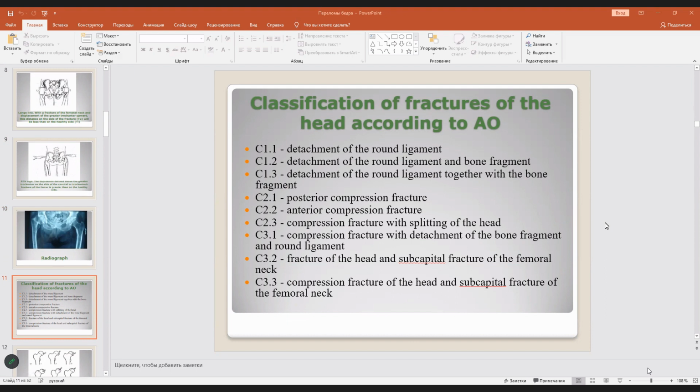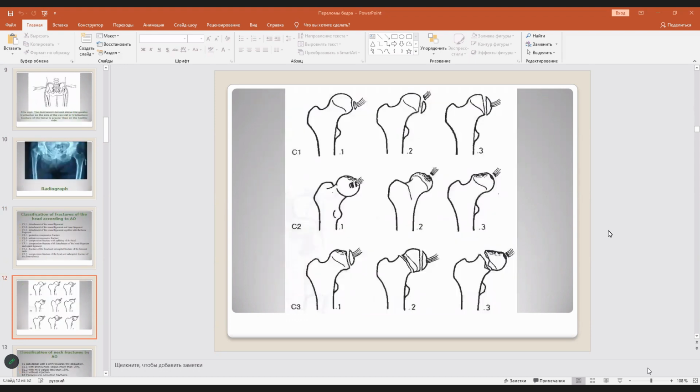C3.2, fracture of the head and subcapital fracture of the femoral neck. C3.3, compression fracture of the head and subcapital fracture of the femoral neck. For example, in the picture C1.1, C1.2, C1.3, and so on.